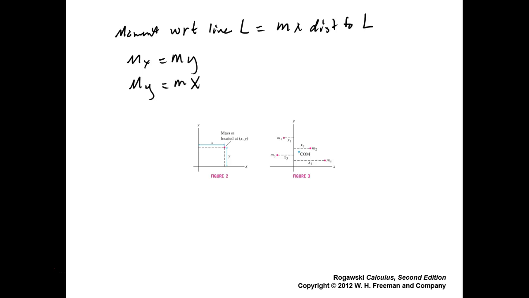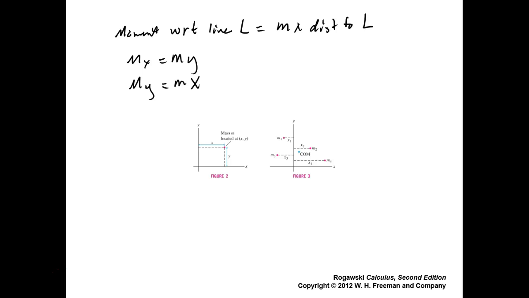Here's your M1, that's X1. Here's your M2, here's your X2. M3, X3, M4, X4. Now, they put the y-axis here and the x-axis here.